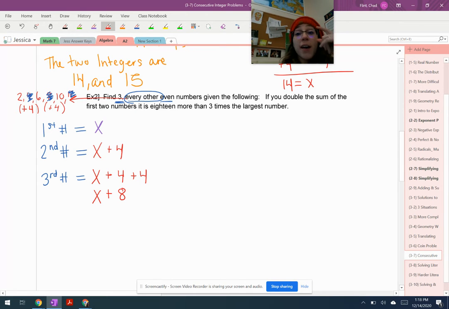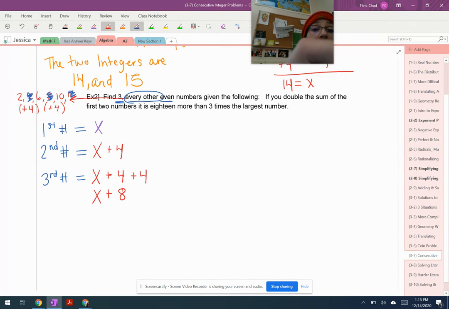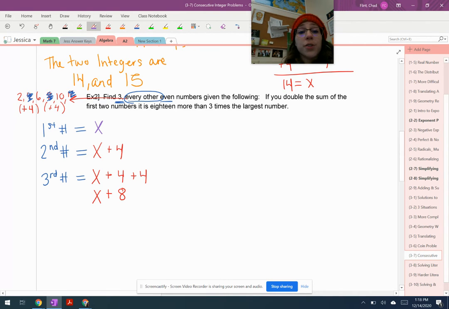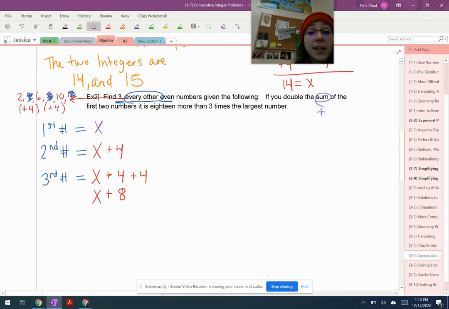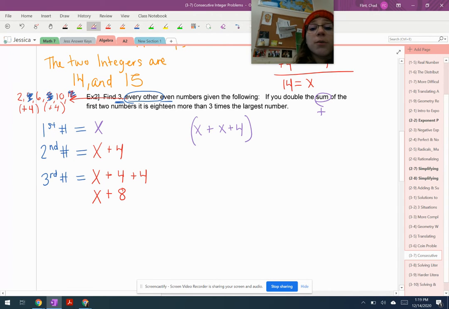So now that I have those expressions set up, I am going to create this equation that I have here. If you double the sum of the first two, so sum means I'm adding the first two. So x plus 4, that's the first two. Doubling that would be parentheses and multiplying that by 2.